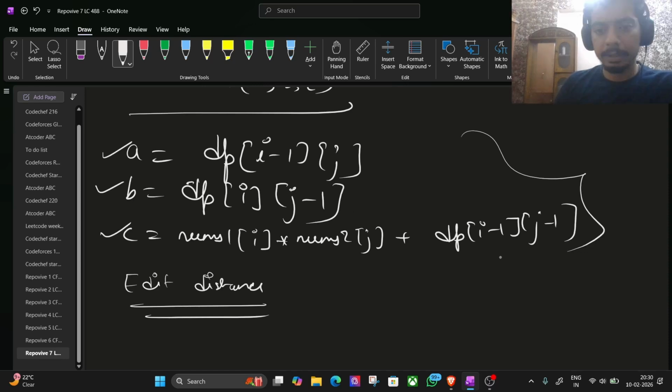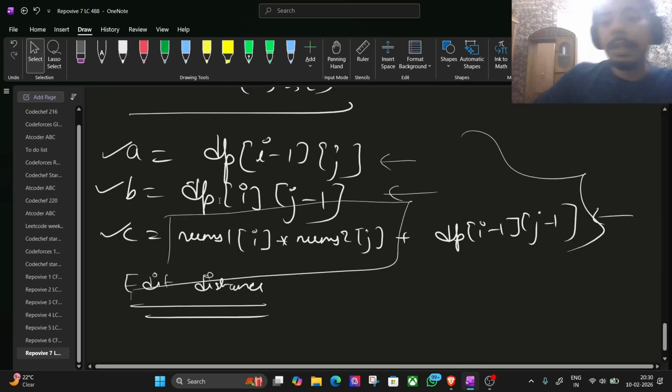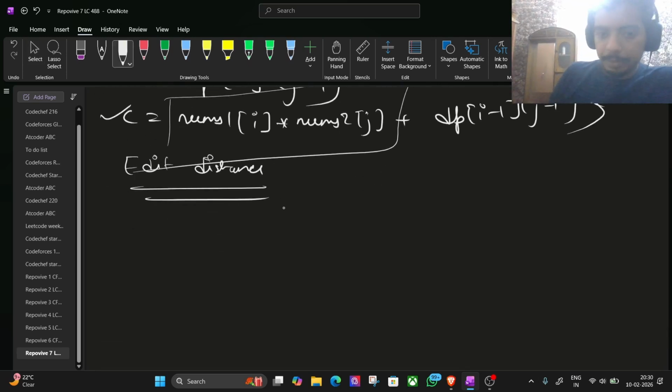If you insert some value, the length will increase, so j will increase and I will stay constant. Delete will be I increases and j remains constant, and replace will be both of them go. So these three calls resemble all three operations from edit distance, with the addition of the multiplication term. So if I know edit distance, I can directly do my dp.